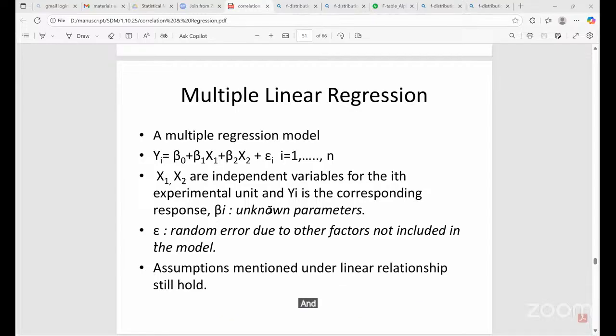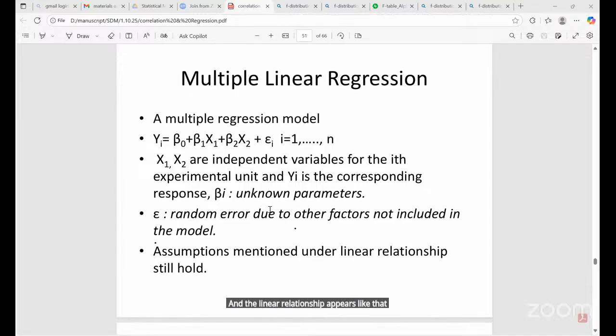And the linear relationship appears like that. We have the response here, the slope, the intercept, slope for x1, slope for x2, and then epsilon. We can have more than 2 independent variables. So in that case, this is no longer simple linear. It is called multiple linear regression.